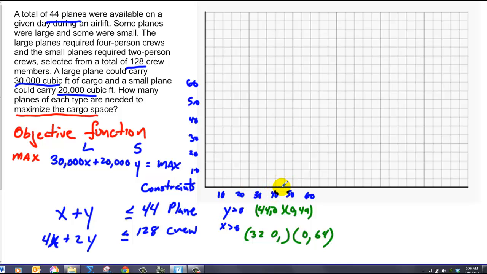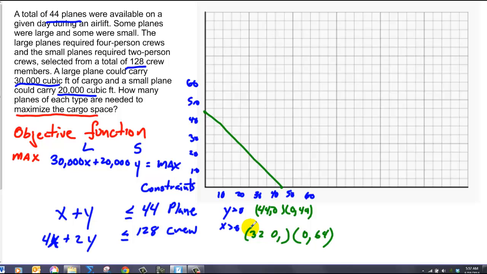Where's 44? Right around here, and right around here. Go ahead and connect those two dots.